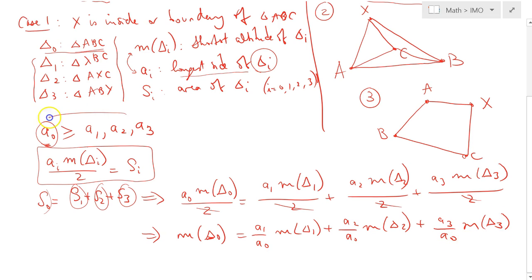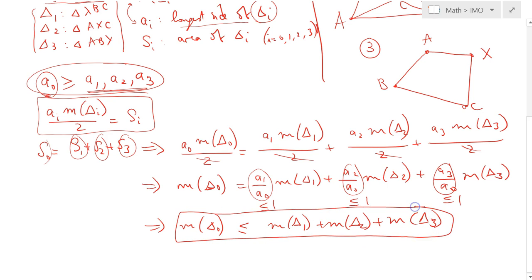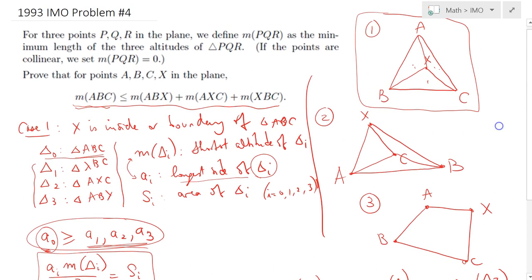And now recognizing that A sub 0 is greater than or equal to the others, A sub 1, A sub 2, and A sub 3, each one of these coefficients is less than or equal to 1. So if we replace them by 1, we would make the right hand side bigger. So M delta 0 would be less than or equal to M delta 1 plus M of delta 2 plus M of delta 3, and that was exactly what we needed to show. So we are done with the first configuration.